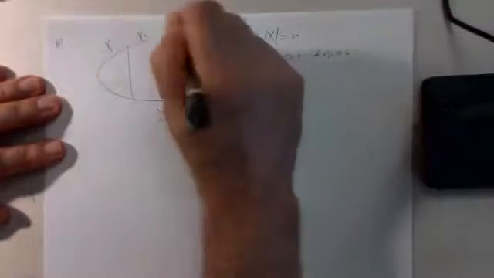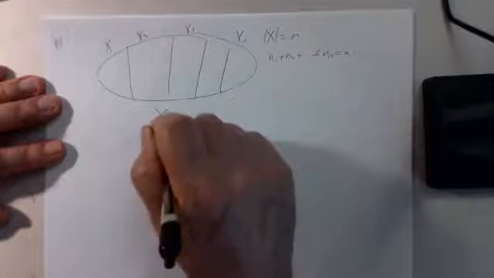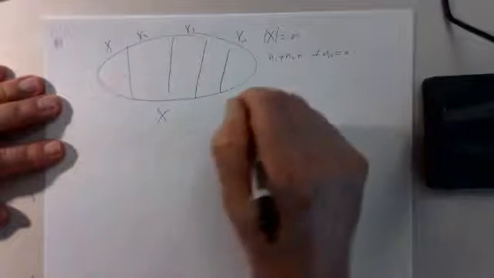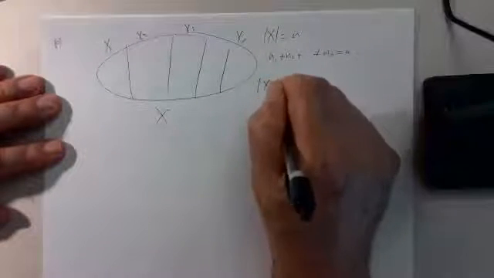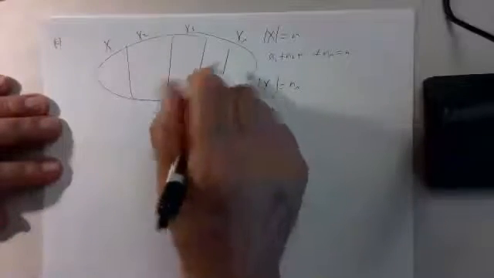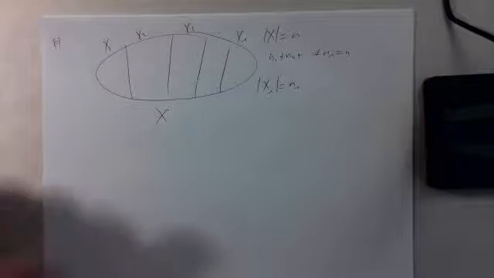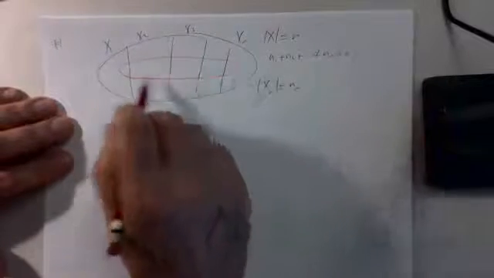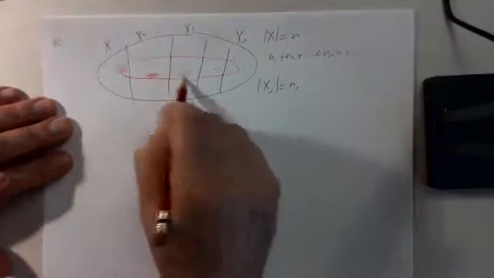And you divide this set up into pieces, x1, x2, x3, up to xr, where X is the union of these sets, and the cardinality of the set x sub i is n sub i. And now you take a subset of size k. So this is your subset, and it has some elements in each of these pieces.